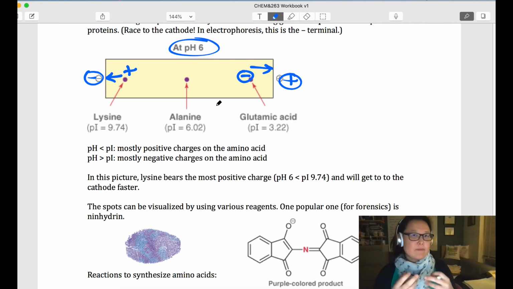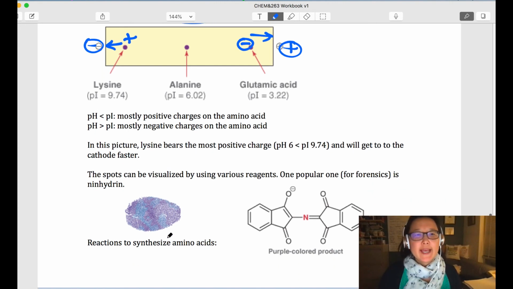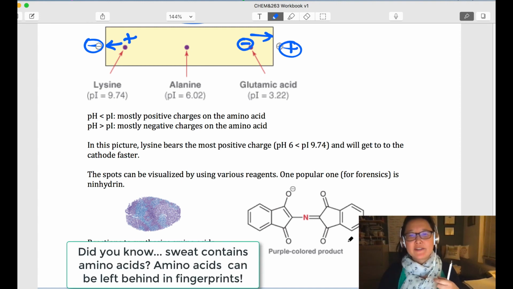So you mix the amino acids or peptides with a dye, and that dye, for example, reacts with proteins. So you could use it for fingerprinting. That's one technique that forensic scientists use at a crime scene. If they're looking for fingerprints, they'll spray some of this ninhydrin, which is this compound, and it will react with the amino groups, and the dye will bond to the amino acid.